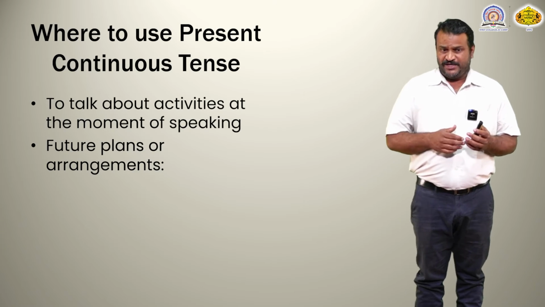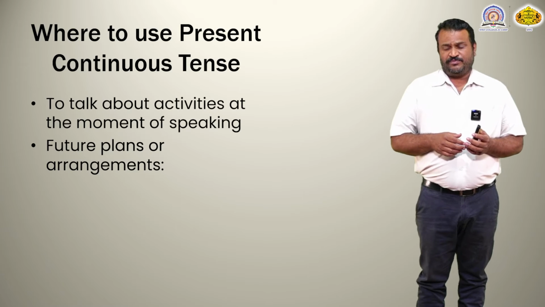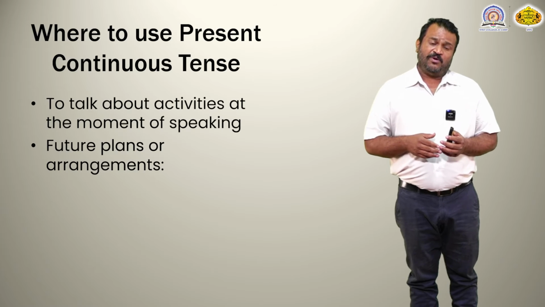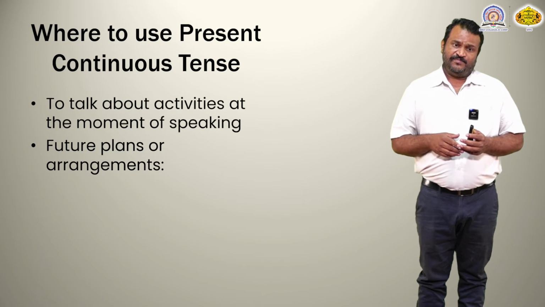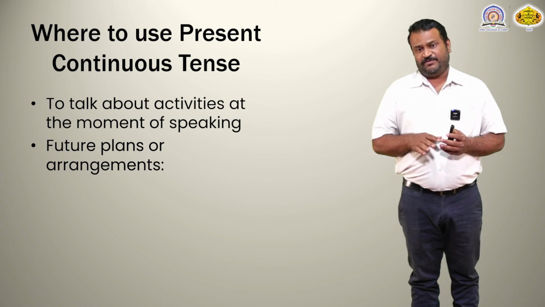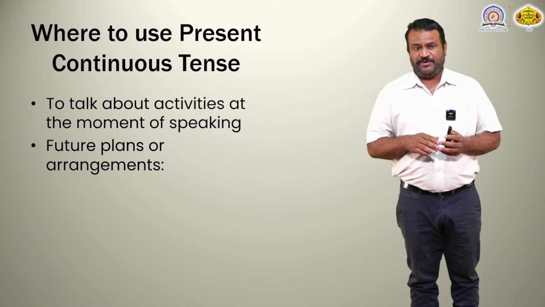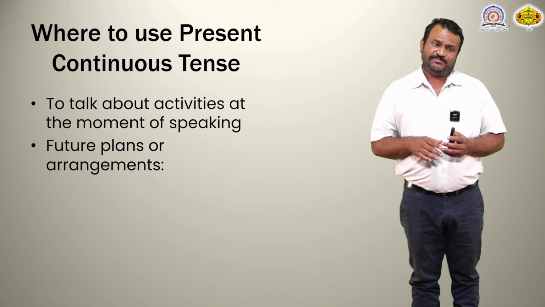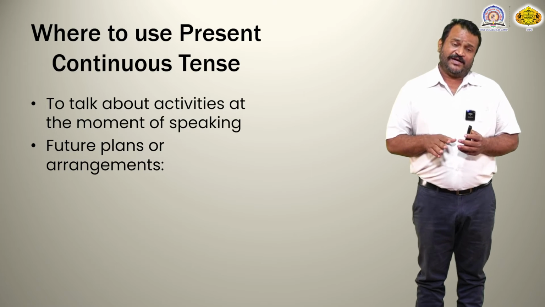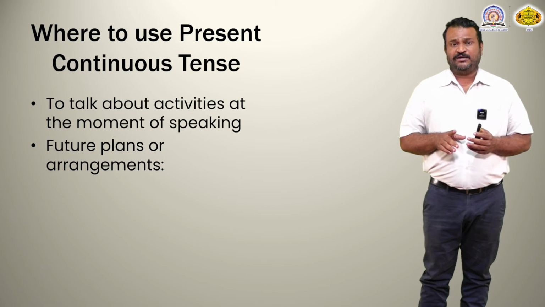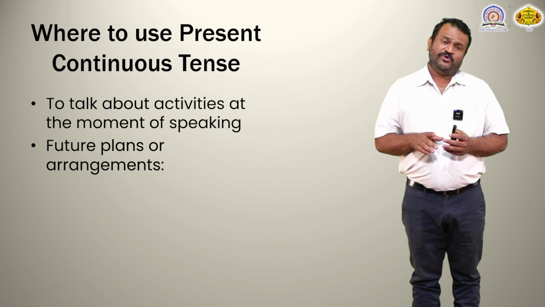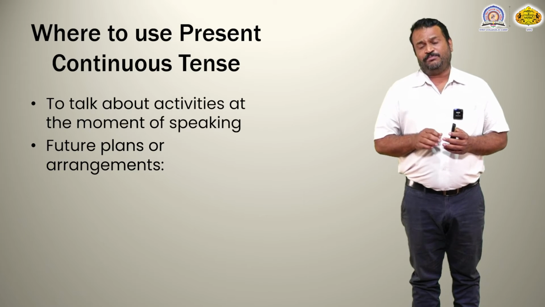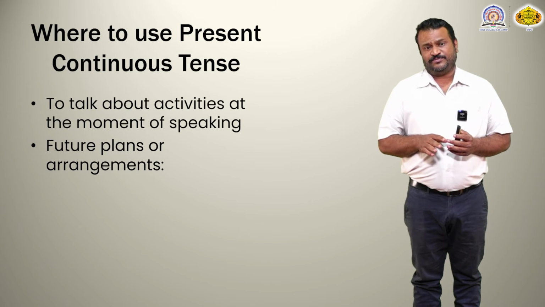Now today is Tuesday and you have planned about Sunday. But it is pre-planned. You have made an arrangement. You are out of the station. You have already decided that you are going to your native place. There we can use present continuous tense.